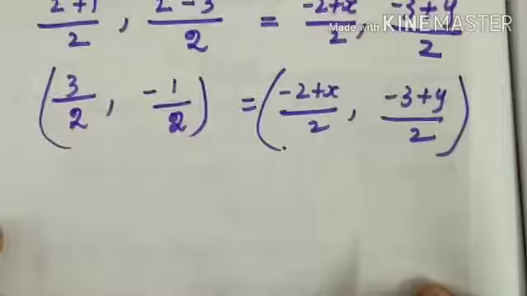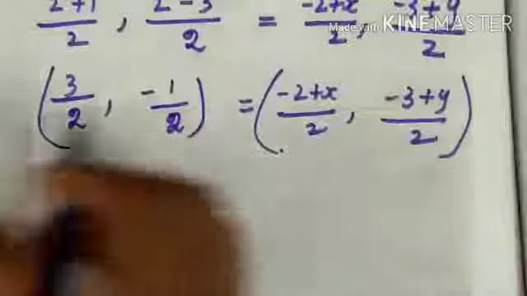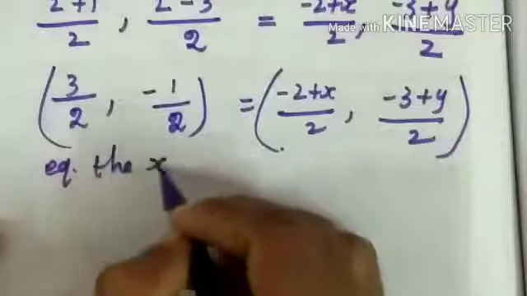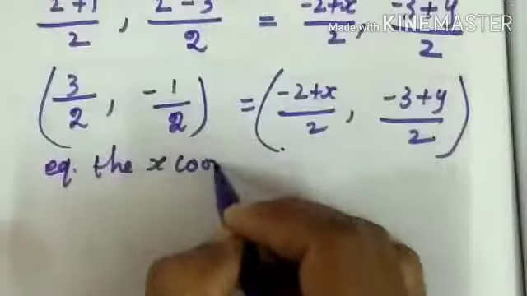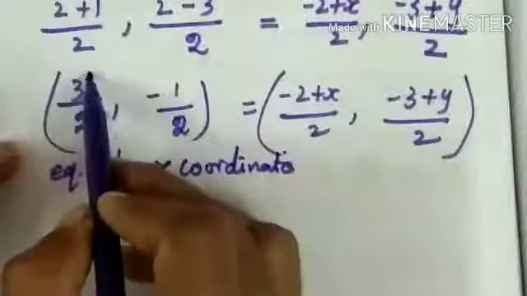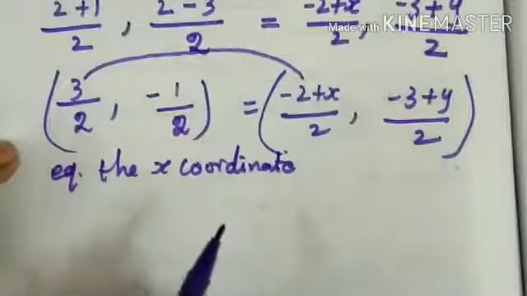Now you have to equate the x coordinate and y coordinate. First equating the x coordinate. Equate 3 by 2 and minus 2 plus x by 2.